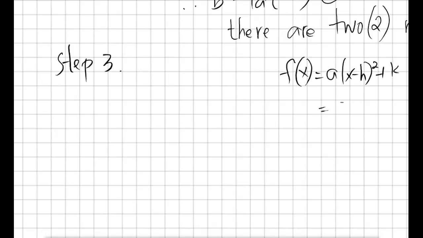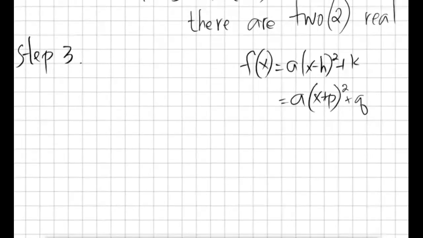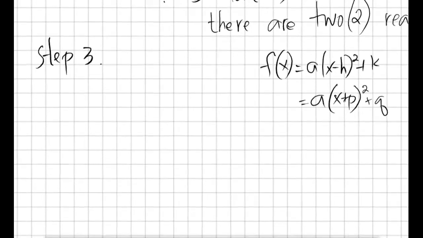Some books would say a times x plus p squared plus q. And some other books would use plus c. It doesn't really matter. Actually, you are just supposed to find these values.